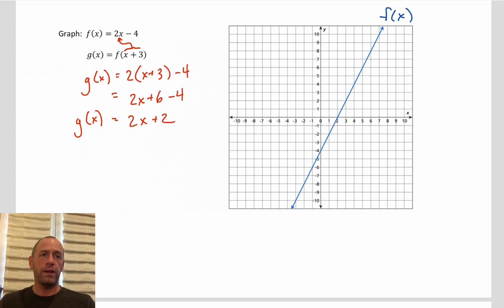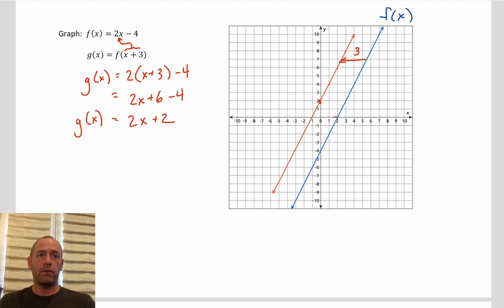So again, what I've done here is added 3 to the value of each input. When I graph it, I get this line in red. You can see it is parallel, but I've shifted it left. In fact, I've shifted it left 3 units.